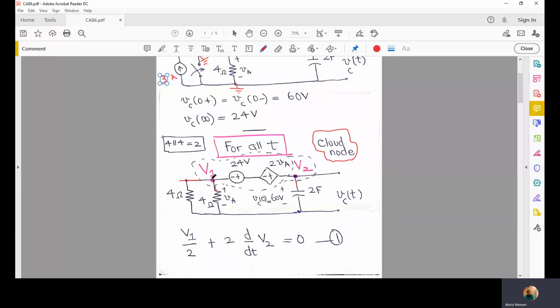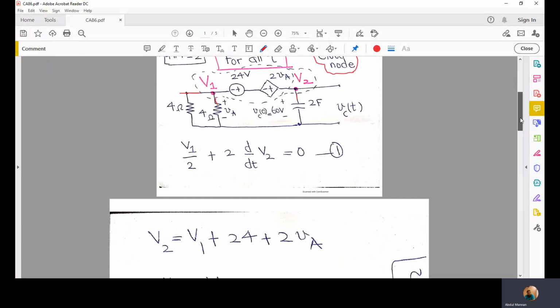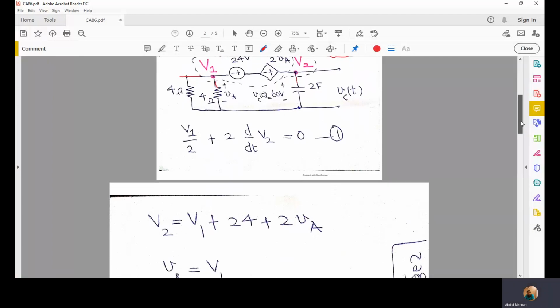So V1 by 2 is the current flowing through the combination of these two resistors, plus 2 times dV2 by dt, because V2 is the voltage drop across this capacitor. This is a simple differential equation, which we call equation number 1.